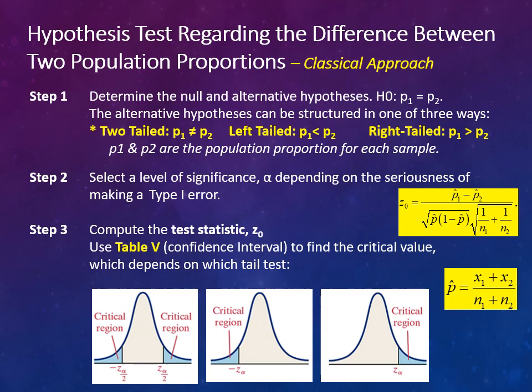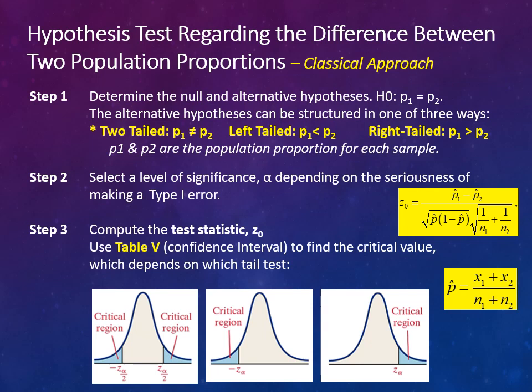Once we have this test statistic z0, we're going to use table 5 to find the critical value, which of course depends upon which tail test. So remember, in the two-tailed test, our critical values will be plus and minus z alpha over 2.